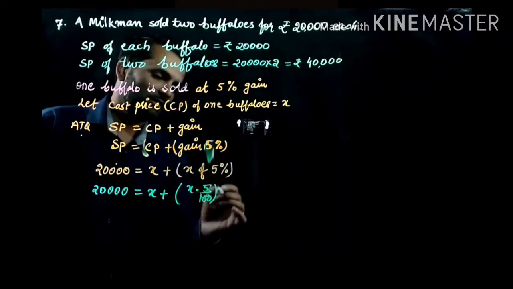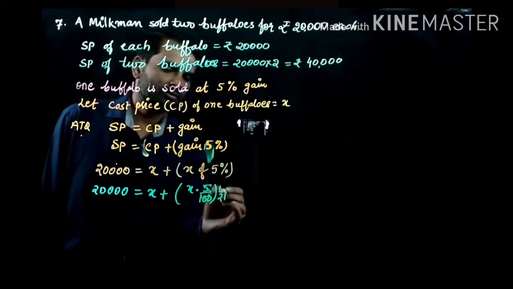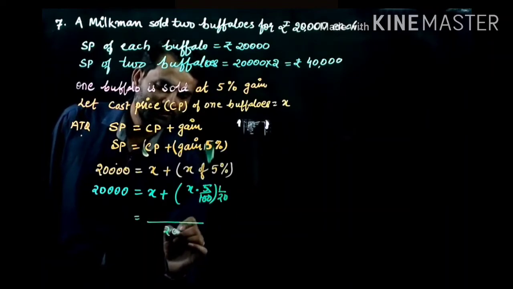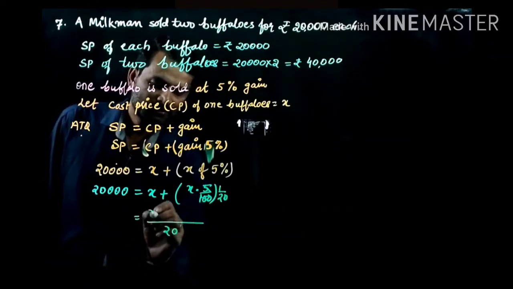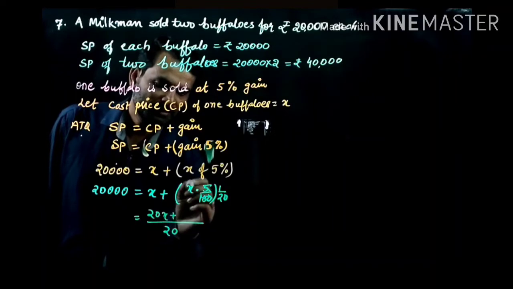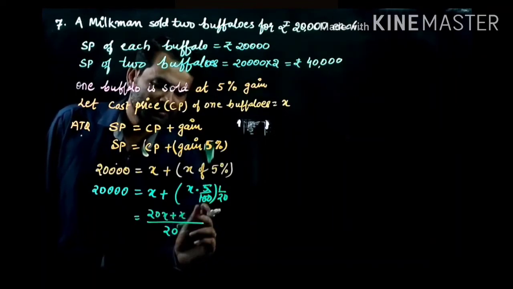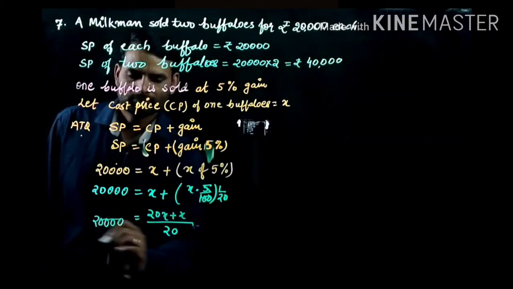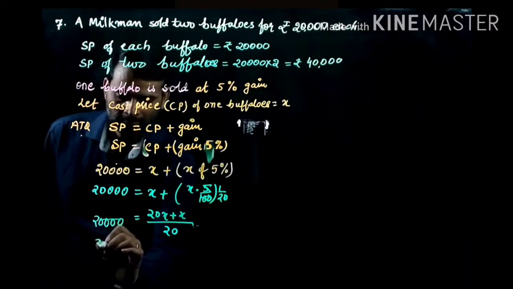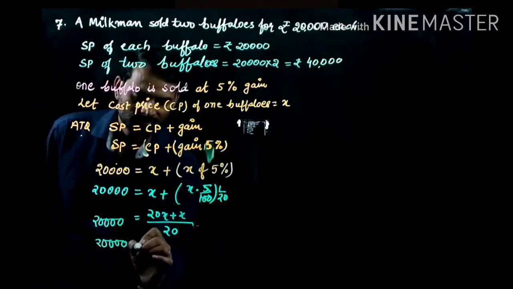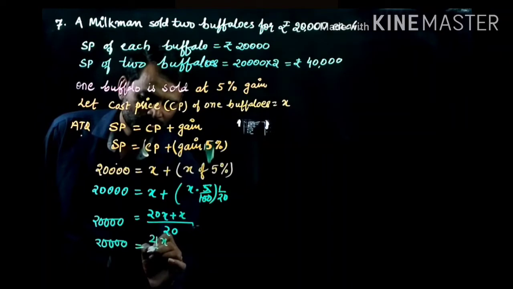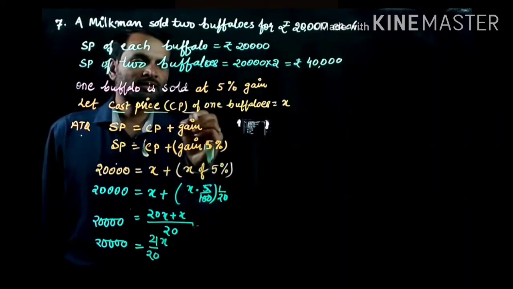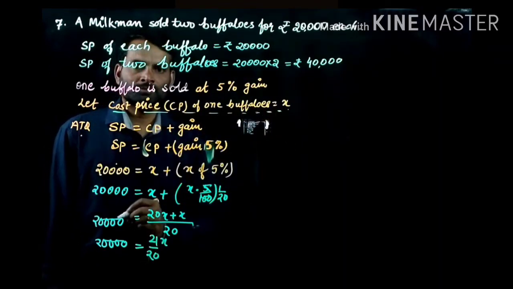After cancellation it is 1 upon 20, and after taking the LCM, which is 20, you get 20x plus x, only write the x, equals 20,000. Then 20,000 is equal to 21x upon 20, where the value of x is the CP of 1 buffalo.